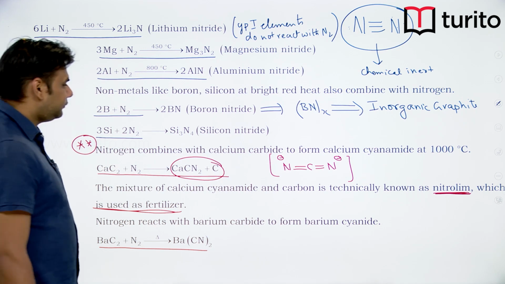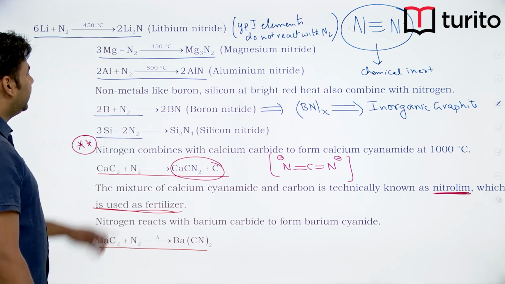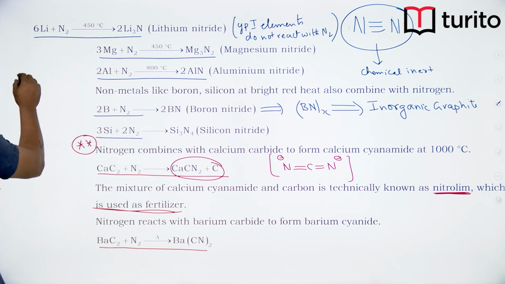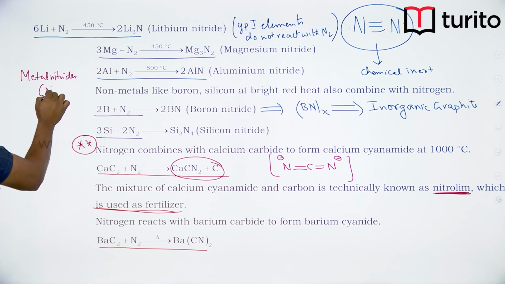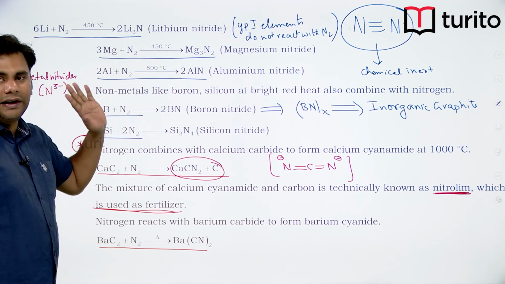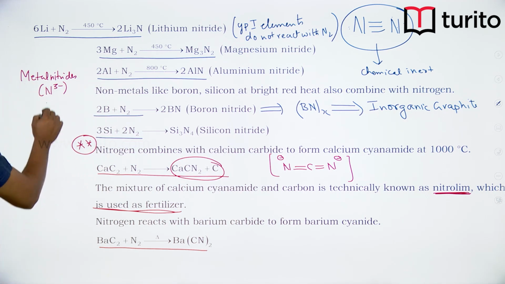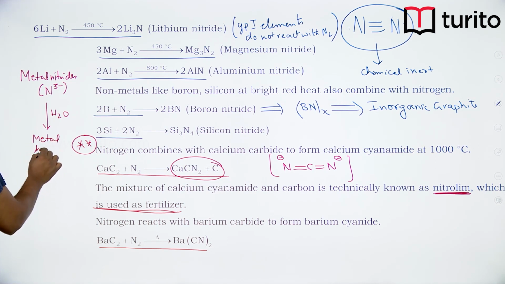Now one thing which you can also say is that all the metal nitrides have N3 negative, you can clearly see. So if you hydrolyze these metal nitrides, we'll get metal hydroxide.